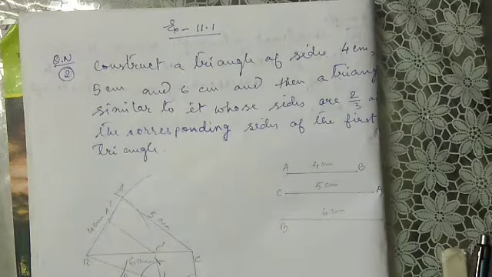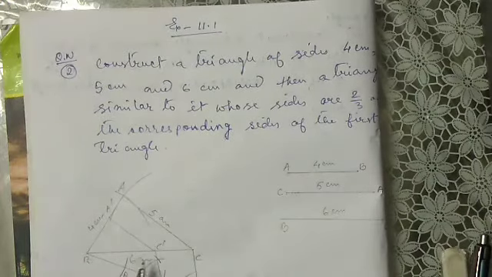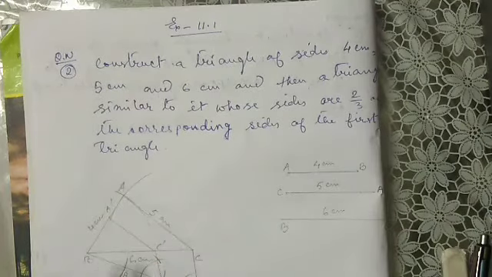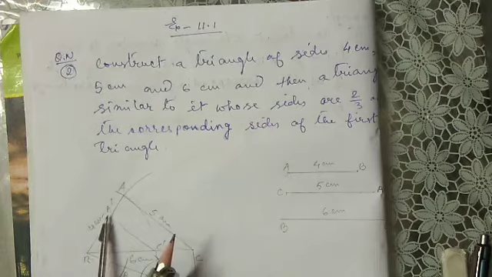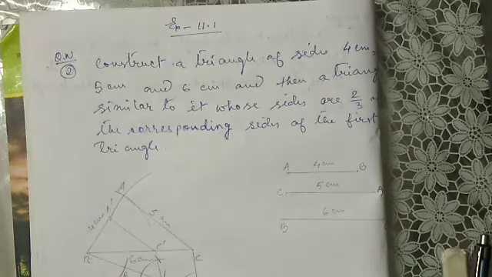So through B2 we will make a parallel line B2C dash to B3C. These 2 lines are parallel. Then through the point C dash we will make another parallel line to cut AB. Thus we have got A dash B C dash as the required triangle.